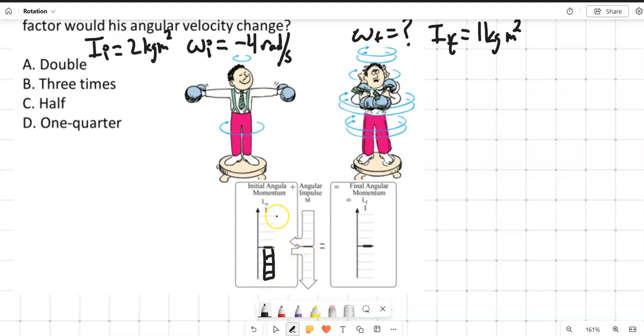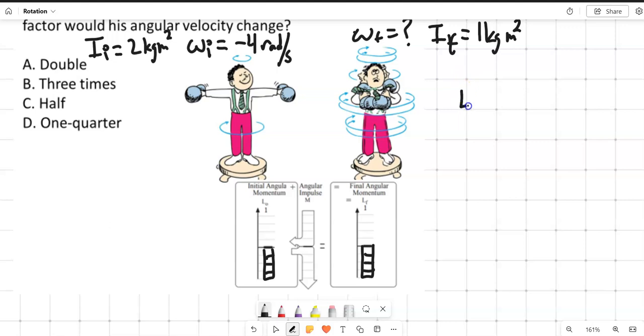Well, when they bring their arms in, their initial angular momentum has to be equal to the final angular momentum, as long as there's no outside impulse affecting the system, which there's not. There's no friction or any of that stuff. So the angular momentum has to be conserved.